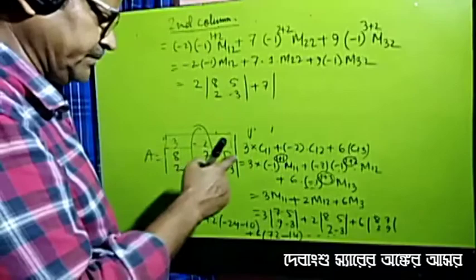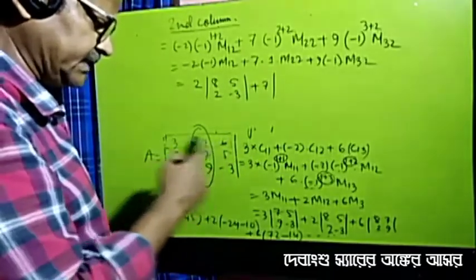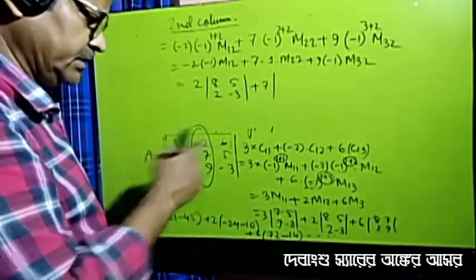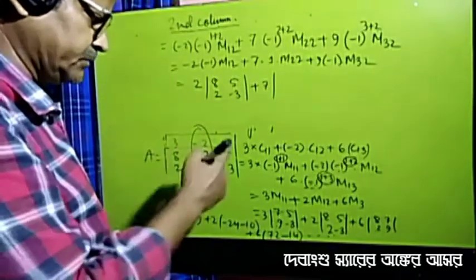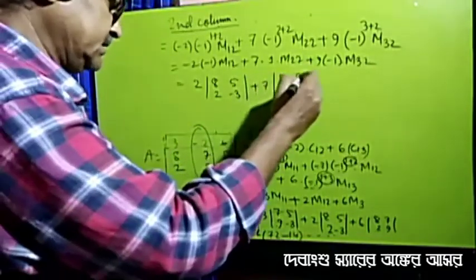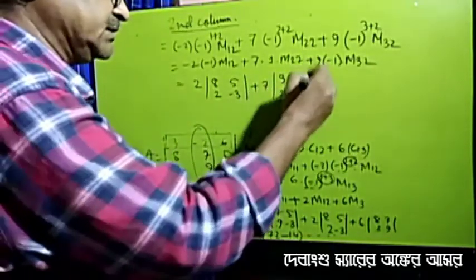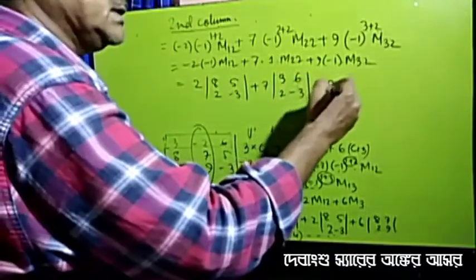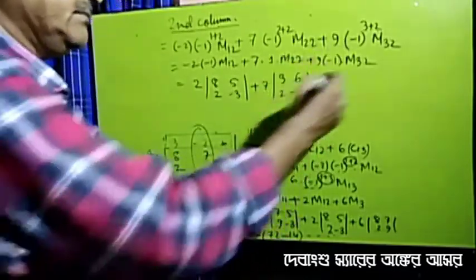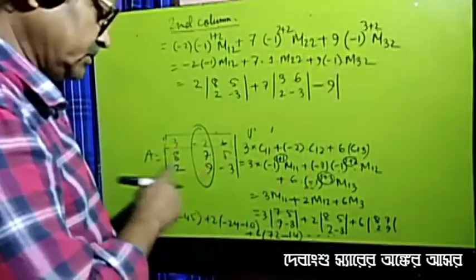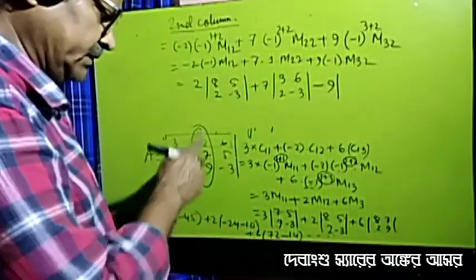So you have to eliminate this and this and this. That gives you these 4 elements. That is 3, 6, 2, minus 3. Minus 9, it is minus 9, into M32. You have to eliminate this row and this column.